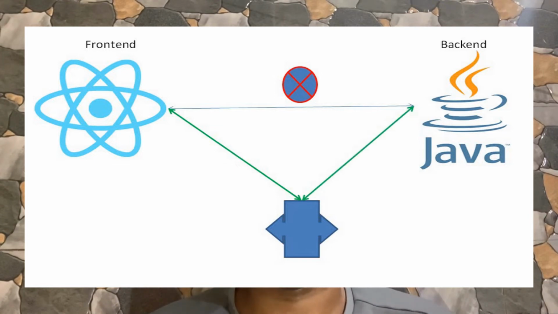When you send a request to your backend, it will understand that the format is JSON, convert it to a Java object, do its operation, then convert the response to JSON and send it back to the front end. So for the front end, the input and output are JSON or XML. Similarly, for the backend or Java code, JSON and XML are their input and output.